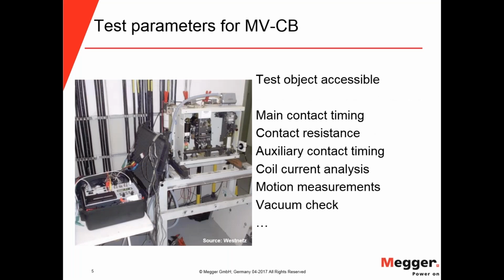So the test parameters for a medium voltage circuit breaker in this air insulated switchgear. Provided that you have an accessible test object like a withdrawable breaker, you will be able to do main contact timing, contact resistance, auxiliary contact timing, coil current analysis, and motion measurements, and vacuum check, and so on.